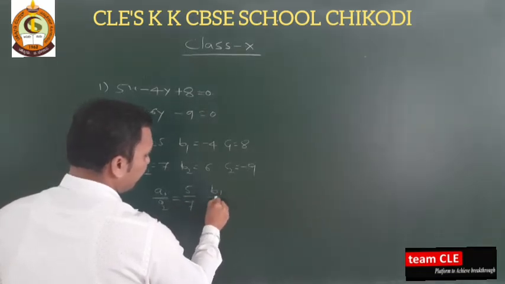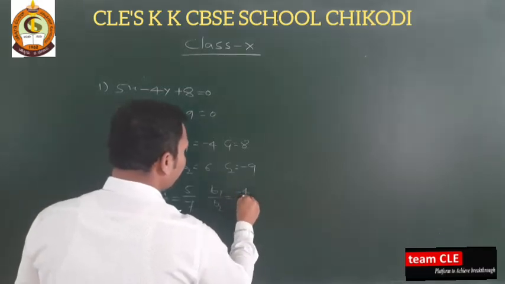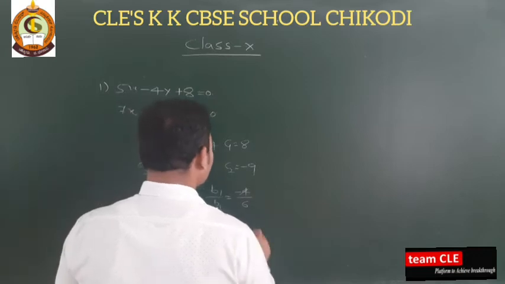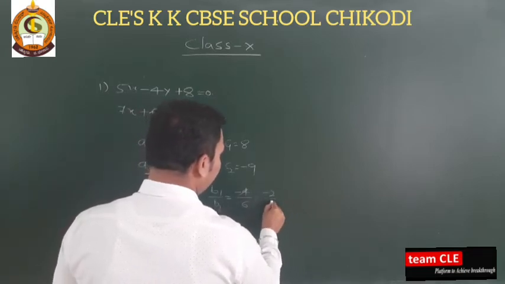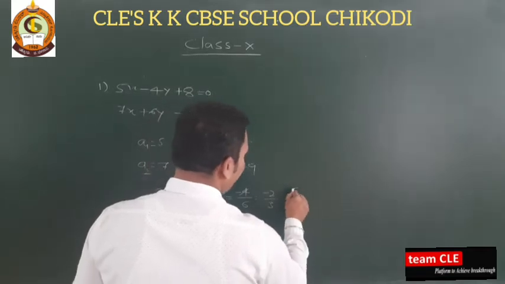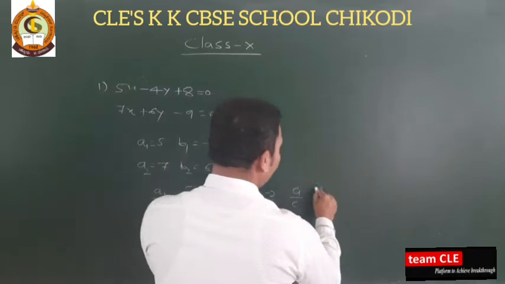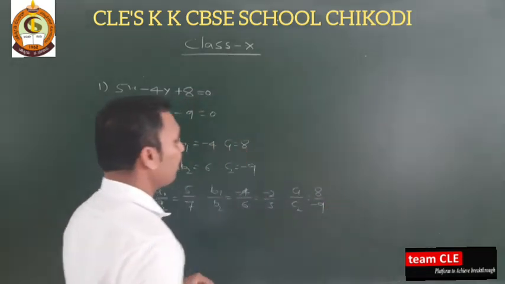Now b1 by b2 is minus 4 by 6, which we can simplify to minus 2 by 3. Next we have c1 by c2, so c1 is 8 and c2 is minus 9.